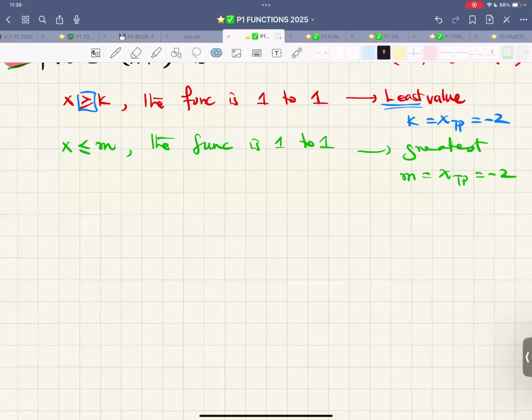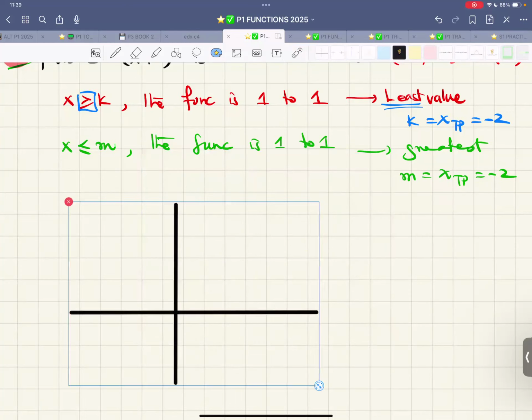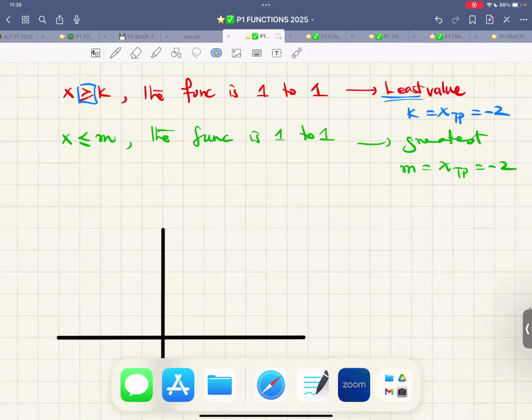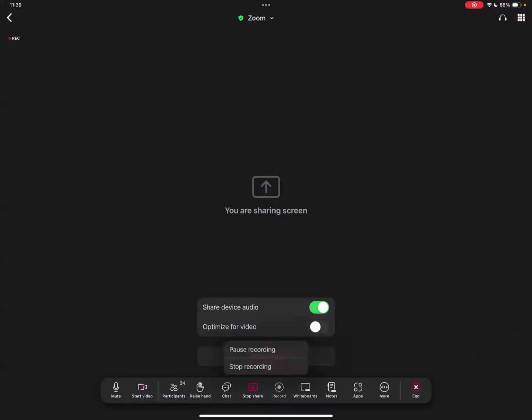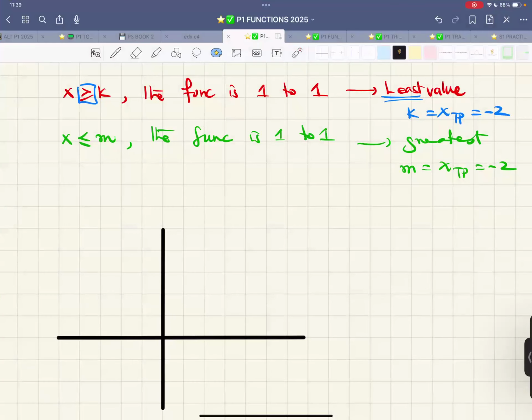So let me just put a grid over here. Okay. And let me check the recording and everything. Is it all good? Recording is on, alhamdulillah. So now that's all good.